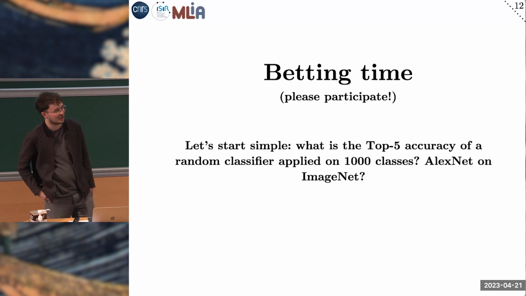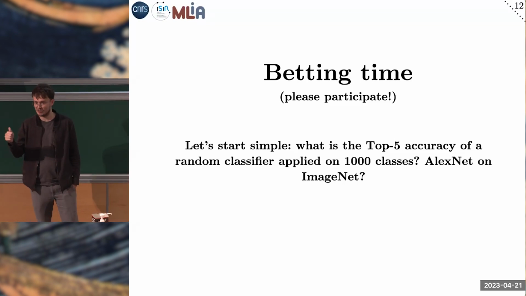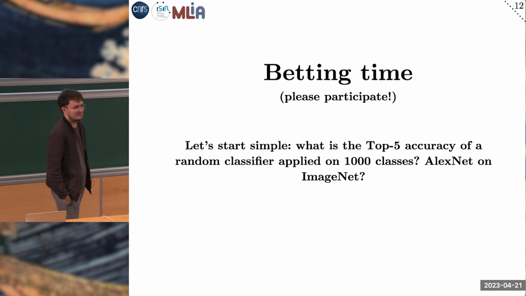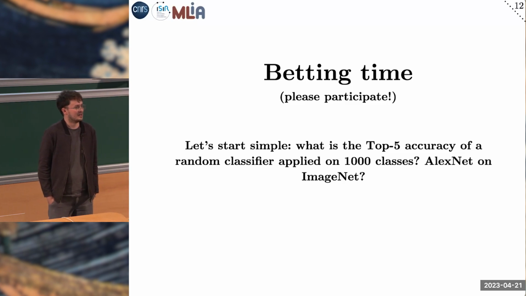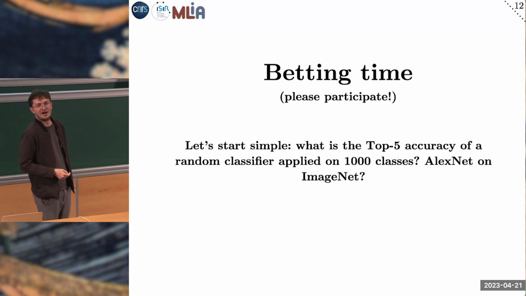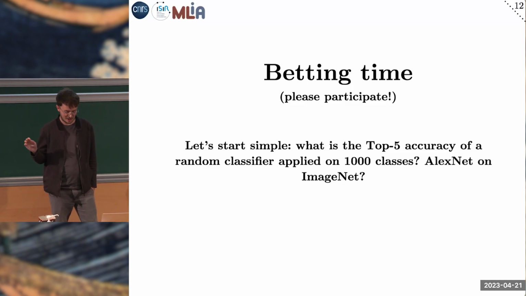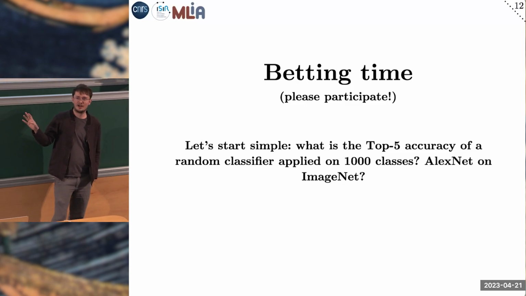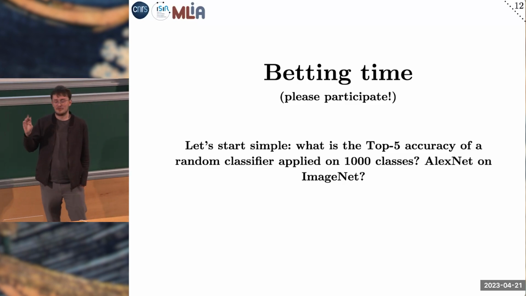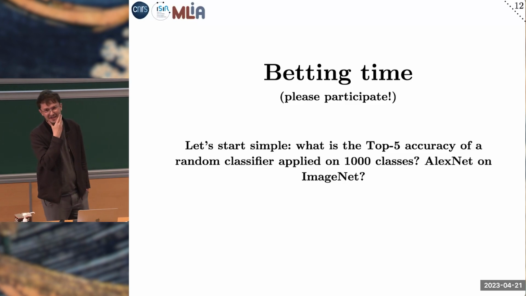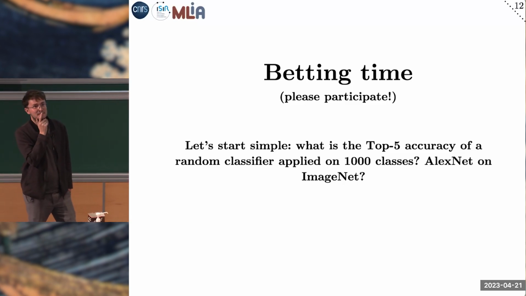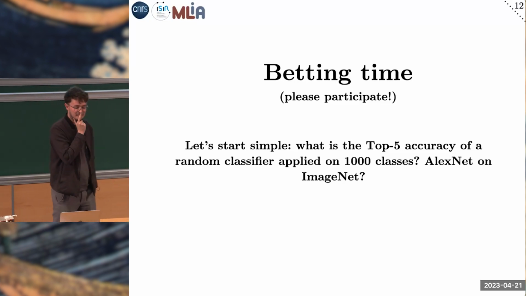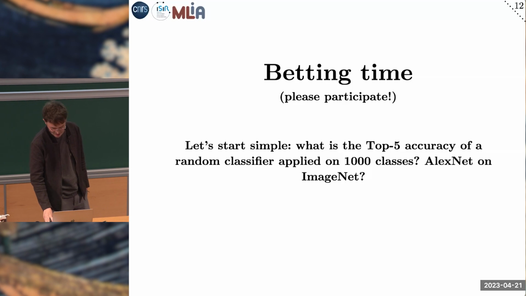So, in your opinion, how far can we go with one convolutional layer on ImageNet? 60? Okay, we think more than 50. Okay, you're pretty audacious. We think more than 20. Okay. That's great. Good to know.